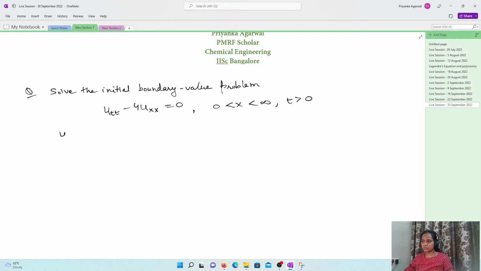The conditions given are u(x, 0) equals x^4, valid for all x, and u_t(x, 0) is given as 0. So these are our initial conditions.